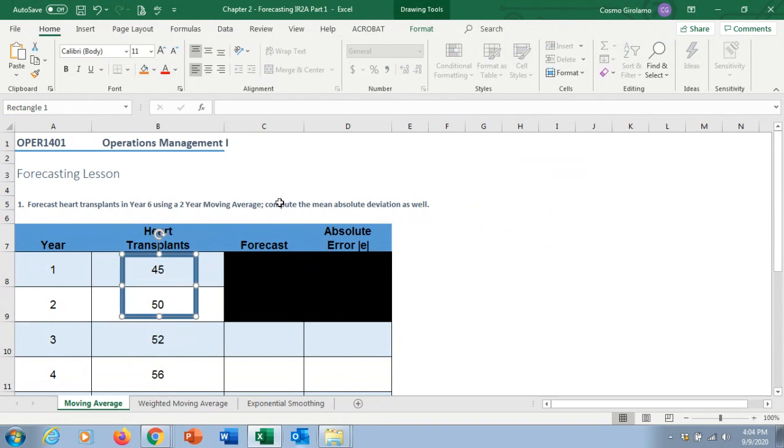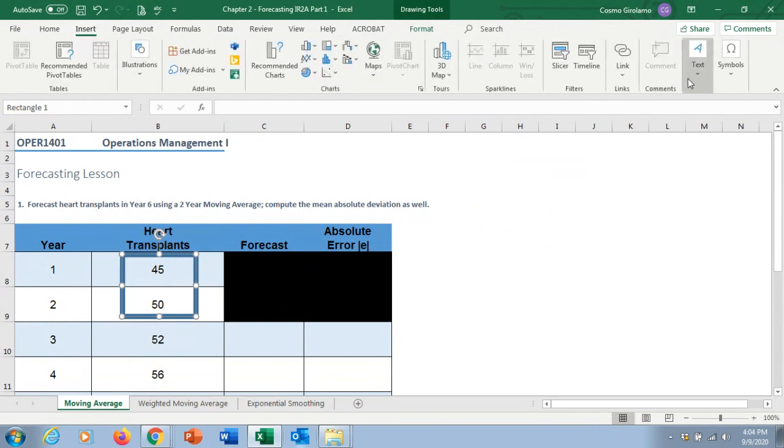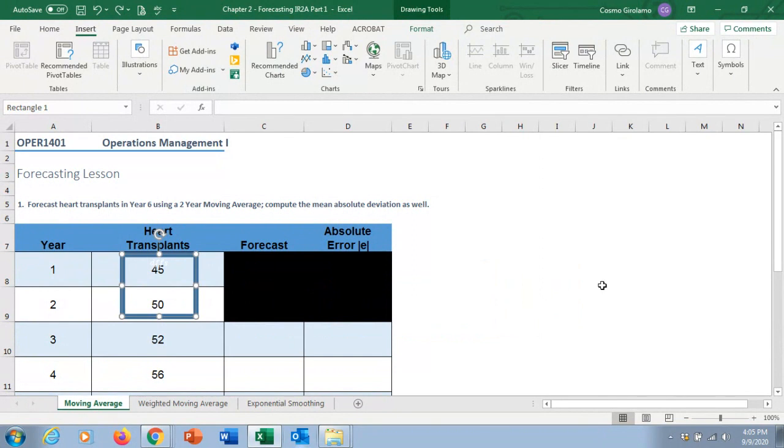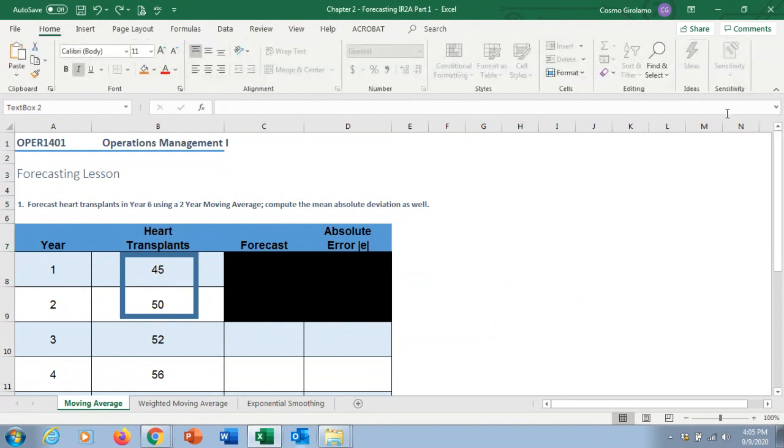So what do I do for a moving average? One second here, I'm trying to get the equation symbol to come up.